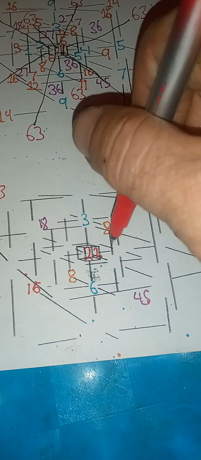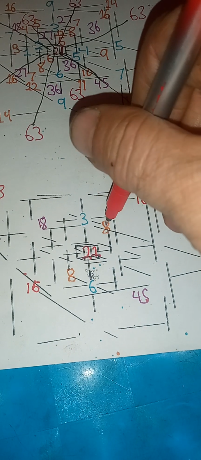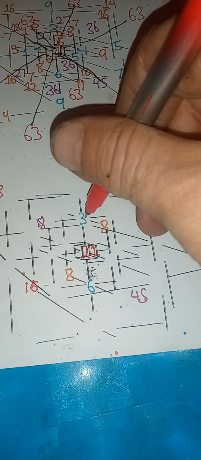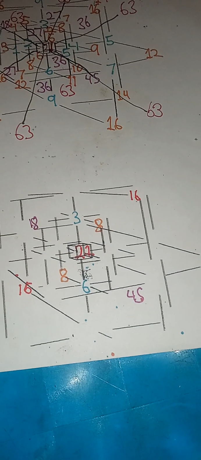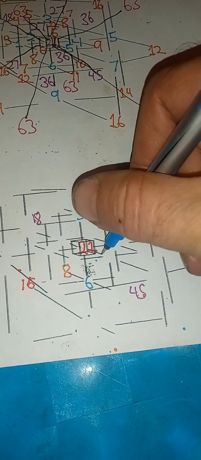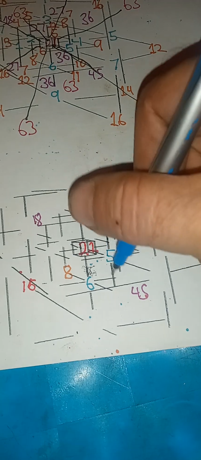Well, this gives you 5 right here, because there's only one number that equals 8 when added to 3. So that gives you another primary number, 5. So 11 down here.